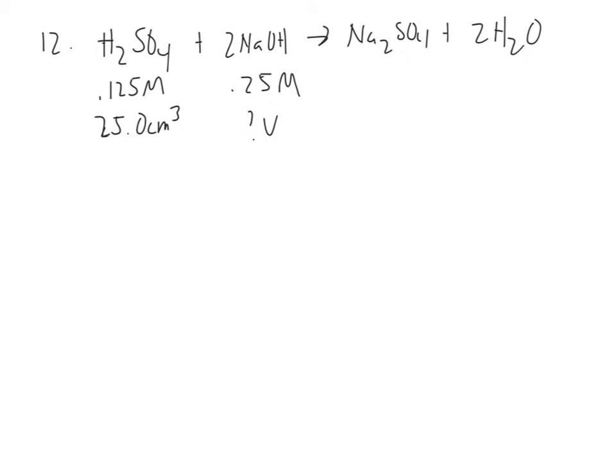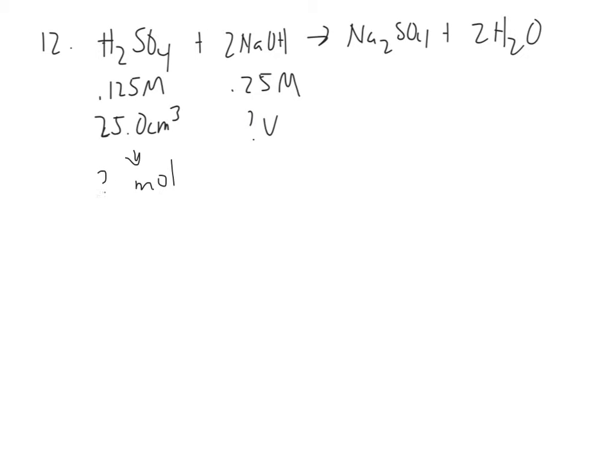In number 12, you're given the neutralization equation for sulfuric acid and sodium hydroxide, and you're asked to find the volume of sodium hydroxide needed if it's at 0.25 molar to just neutralize 25 centimeters cubed of 0.125 molar H2SO4. So what I need is the usual in chemistry.